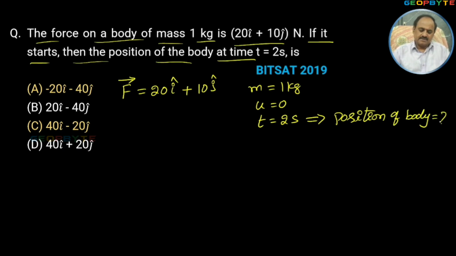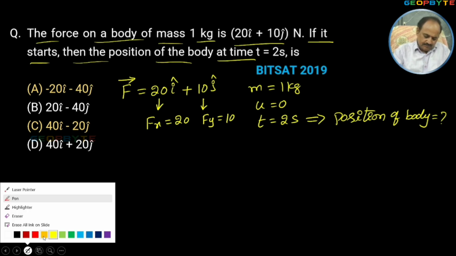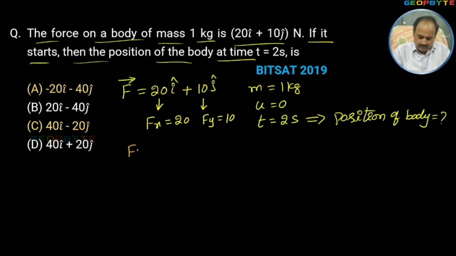Position can be decided in terms of x coordinate and y coordinate. For that, as you know, this 20 newtons can be written as Fx equal to 20 and Fy equal to 10 newtons. According to Newton's second law, force F equal to ma. From this, acceleration equal to force divided by mass.